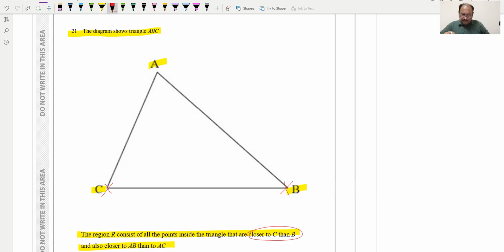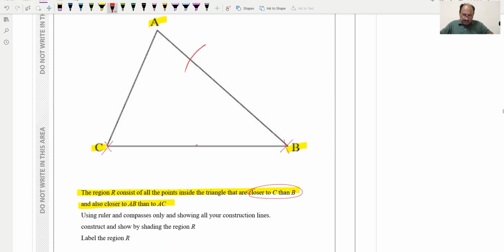Bisector we can roughly take, for example, we will place the compass over B and draw an arc over here, and similarly we can draw an arc on the lower side also.